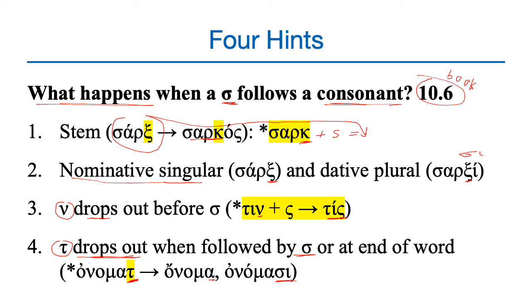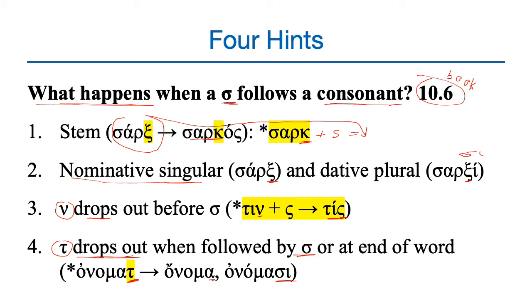In that case, if a stem of a third declension noun ends in a kappa, that is a consonant, and you add the sigma of the nominative case ending to the kappa, you get xi. That's what happens. A stem ending in kappa, like this one, when you add sigma to this kappa, you will get the xi. That's hint number 1.